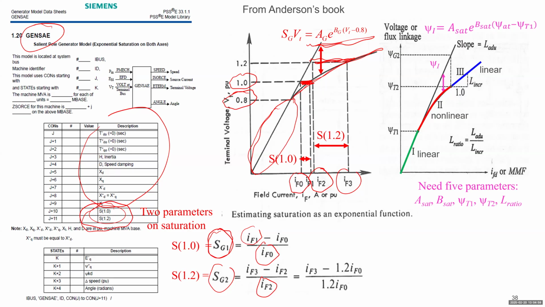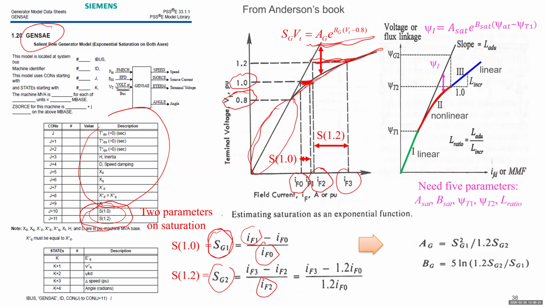Okay, so only the part in the middle will be modeled by this exponential function. So we assume psi t1 is about 80% of the nominal flux linkage, and psi t2 is about 20% higher than the nominal flux linkage.